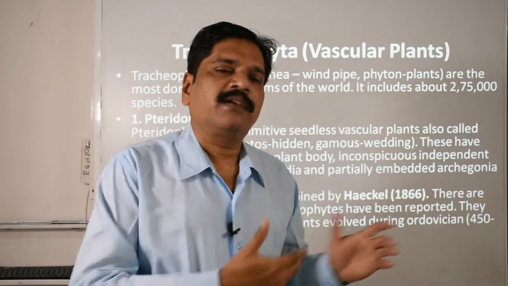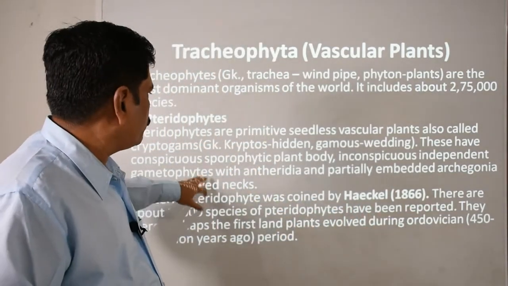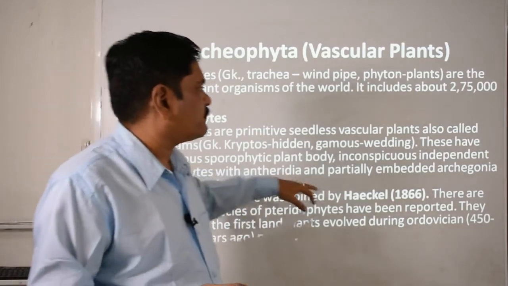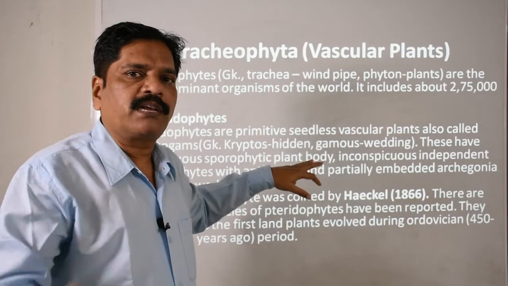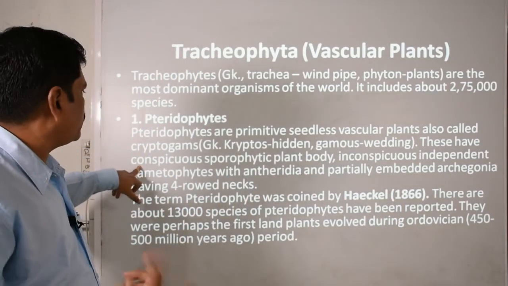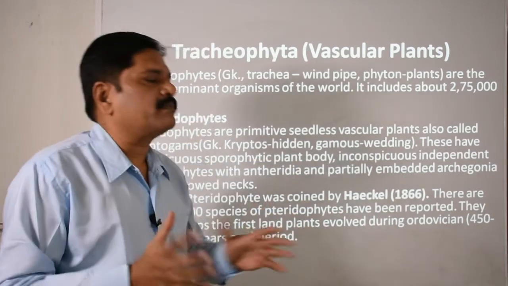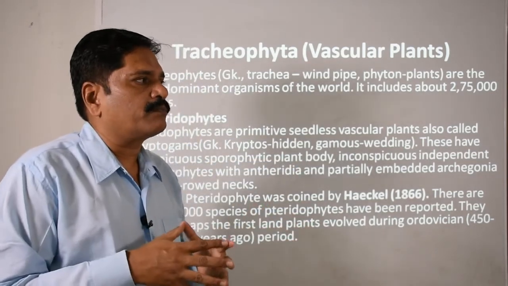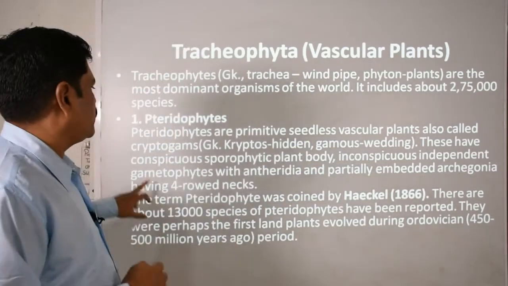That's why we call them by this name. Their special feature is that neither the sporophyte nor the gametophyte is too much developed. They have a conspicuous sporophytic plant body, that means sporophytes are well observed and exposed, while the gametophytes are hidden in nature.